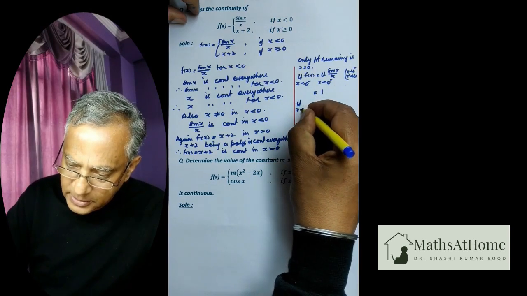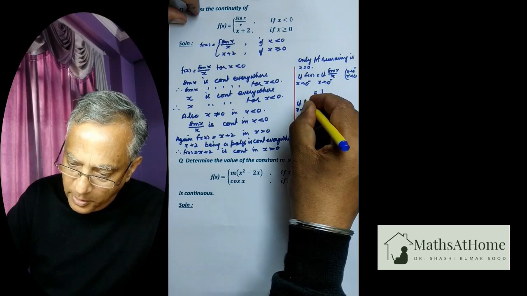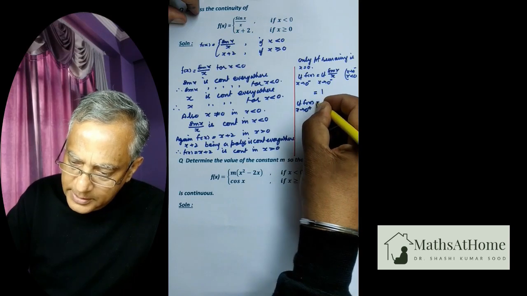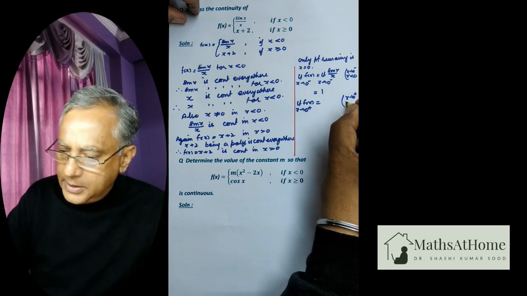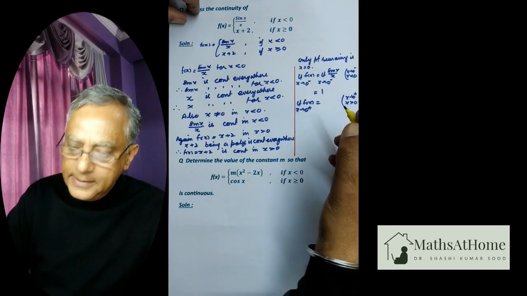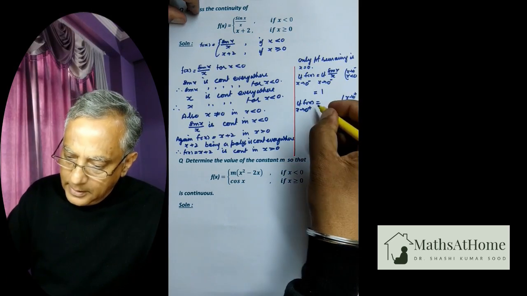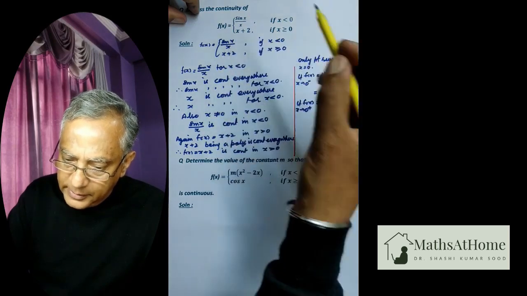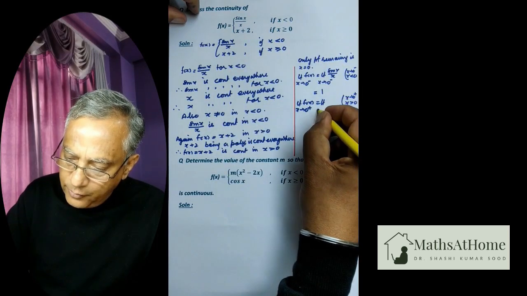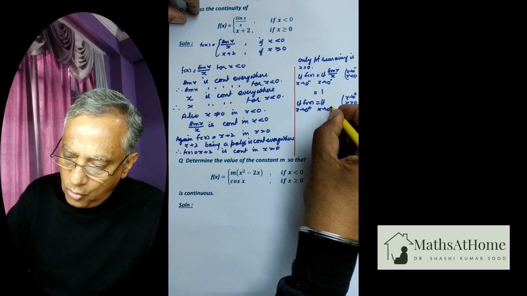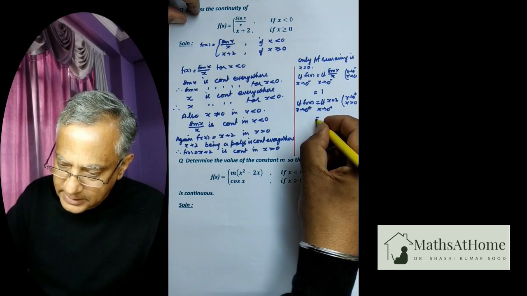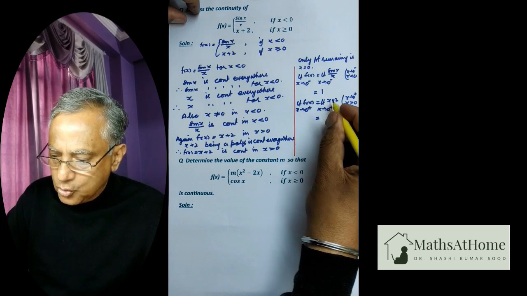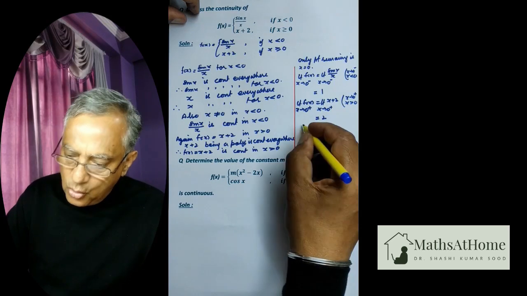And limit as x approaches 0 from the positive side of f(x): as x approaches 0 from the positive side, x is greater than 0, and therefore this definition will be used. We will have limit x approaches 0 from positive side of x + 2, and this is equal to, as x approaches 0, 2.